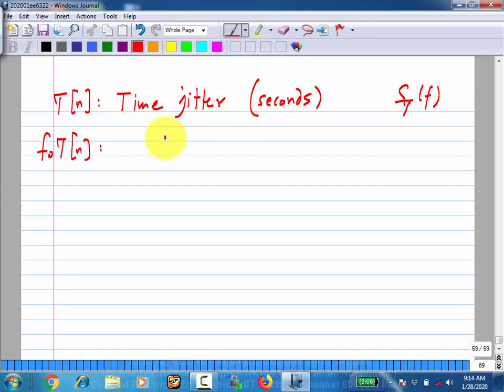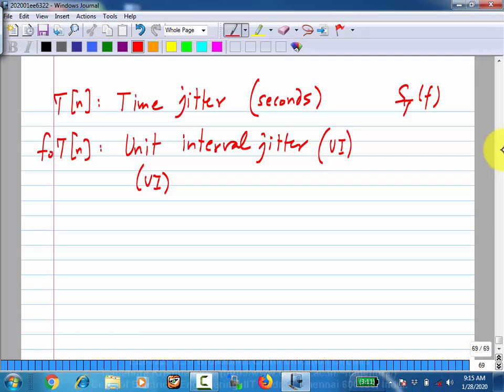Basically this is the normalized jitter, as a fraction of the period. Okay, so T naught is the period, and this f naught times tau of n says what fraction of it is the jitter. Or it's known as the unit interval jitter, UI, and this is dimensionless, and you just put a unit of UI to say that it is basically normalized to the unit period. Okay, and obviously the spectral density of this is f naught square S tau of f.